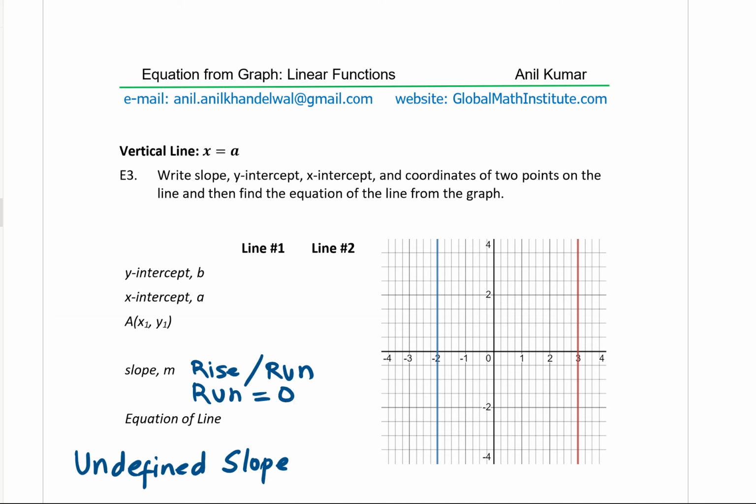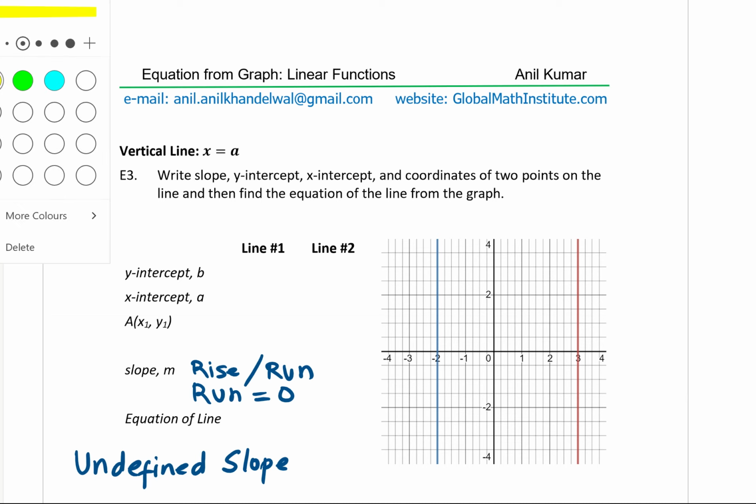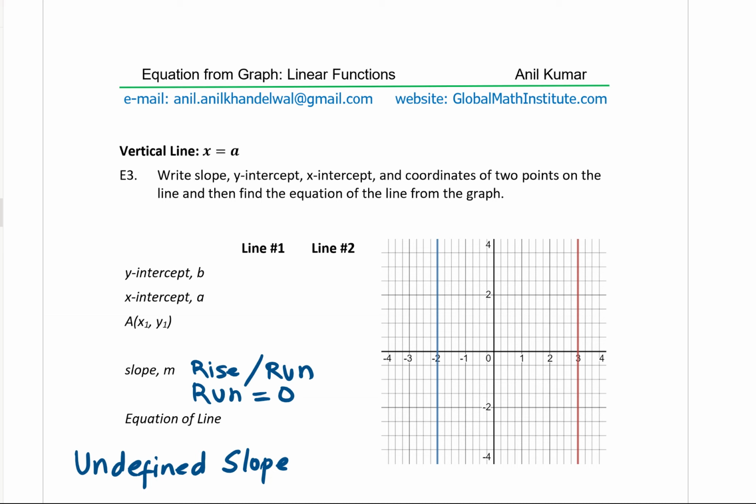So the slope is undefined. If that is the case, then the equation of a line is always written in the form of x equals to a. So what we need to find is basically the x-intercept, right? So we need to find the x-intercept.